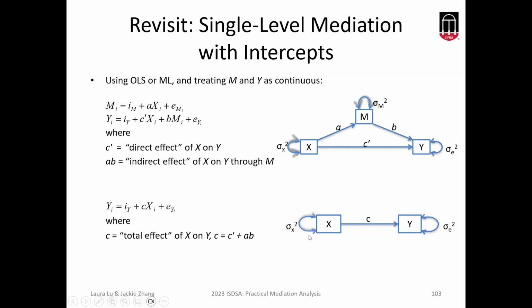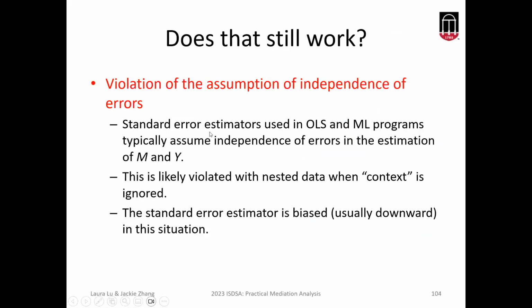If we have the simple linear regression, we have this equation by including the mean part, the intercept. The coefficient is the total effect. So when the assumption of independence is violated, we can consider some other new models.